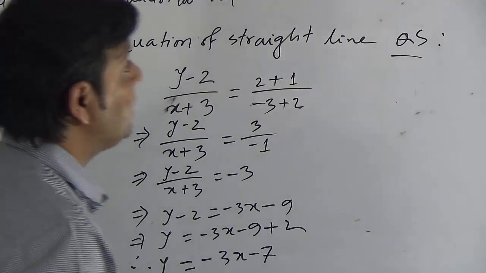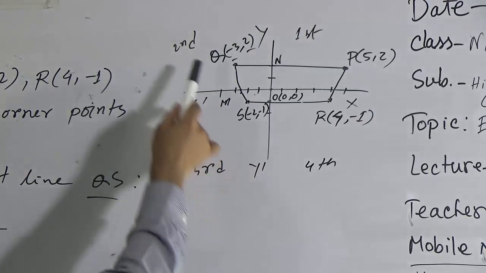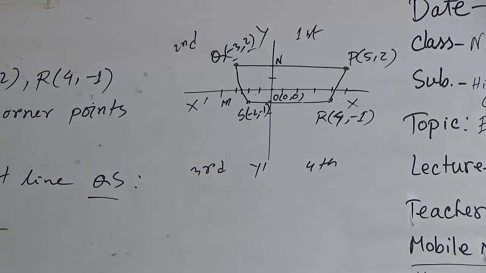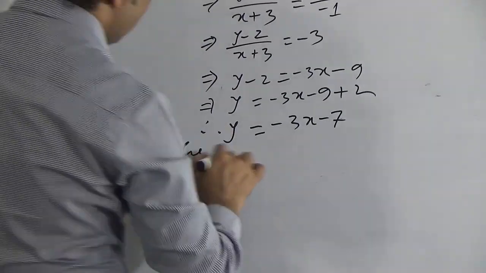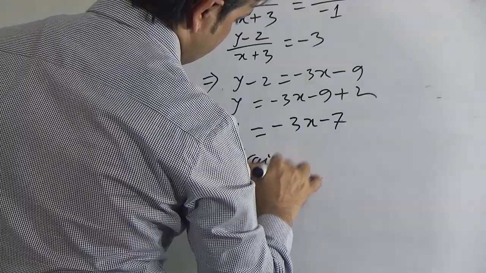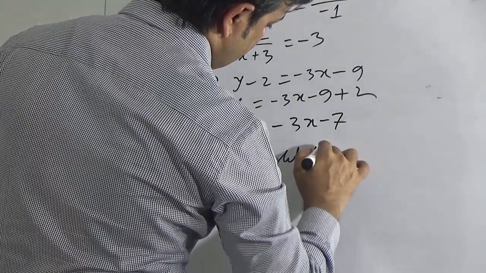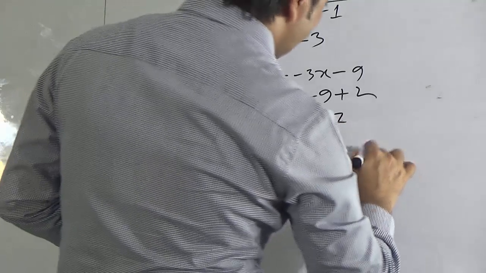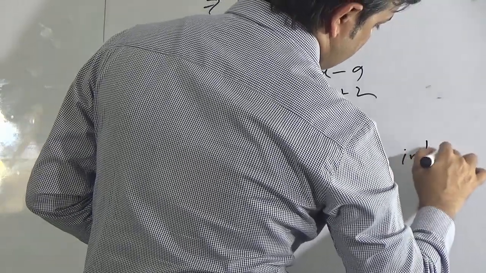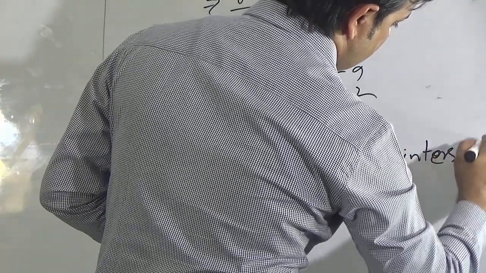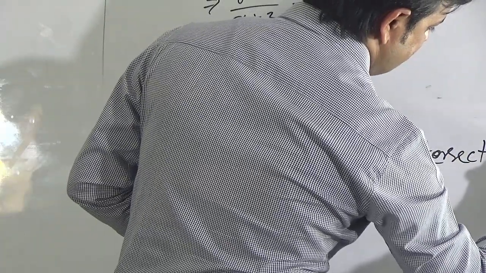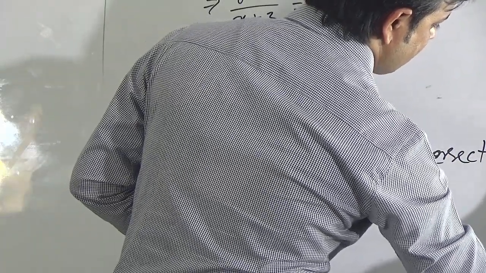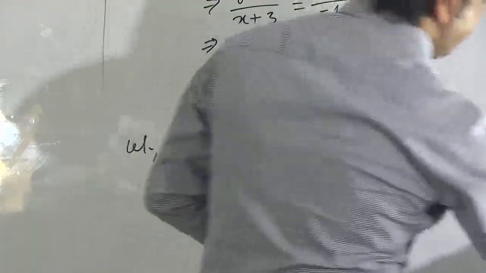Now we can determine the coordinates of M, as this QS intersects the x-axis at M. Let the straight line QS intersect the x-axis at M.